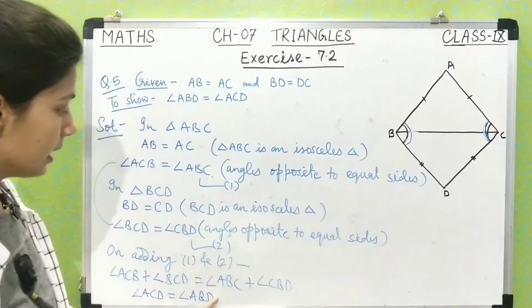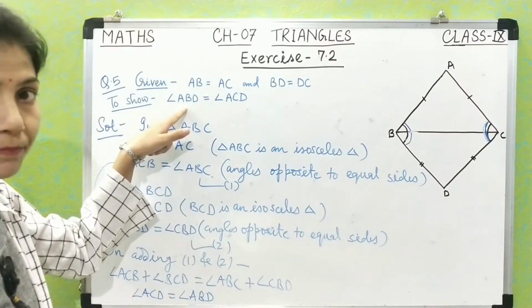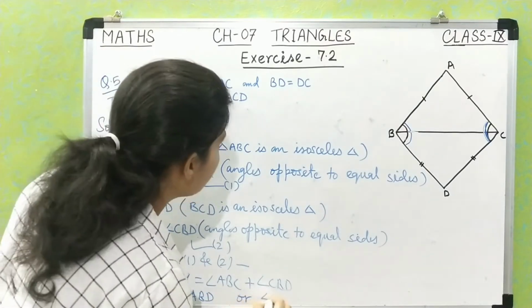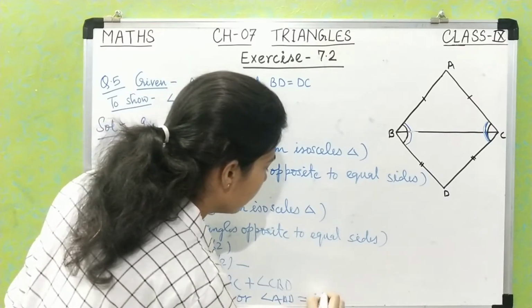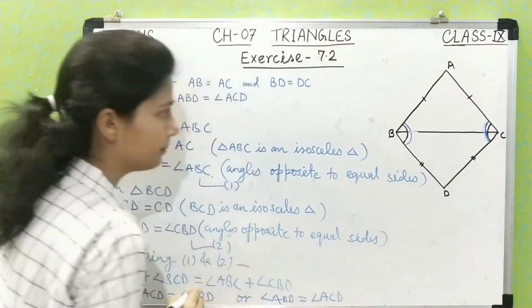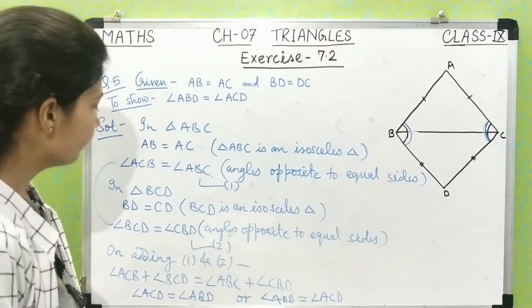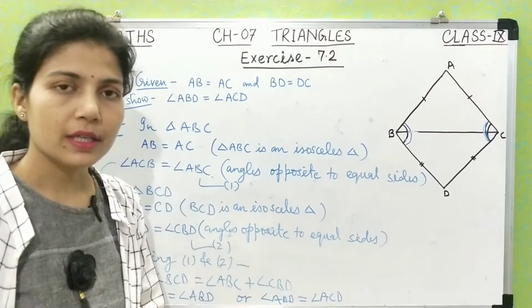So this is what we had to show: angle ABD equals angle ACD. So this is one way, and we can do this question in this way.